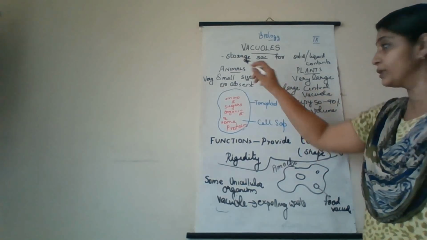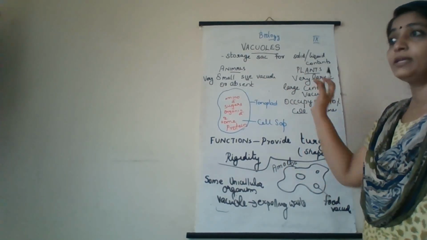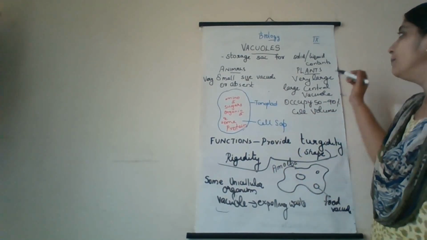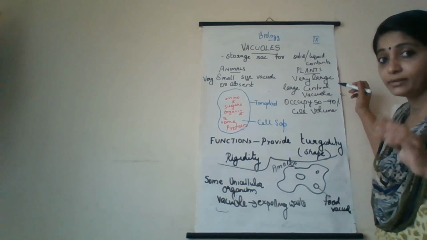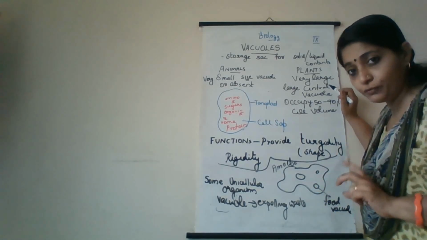Vacuoles are mostly storage sacs for solid and liquid contents of the cell. In animals, the vacuoles are very small or may be absent. But in plants, the large central vacuole occupies 50 to 90% of the cell.